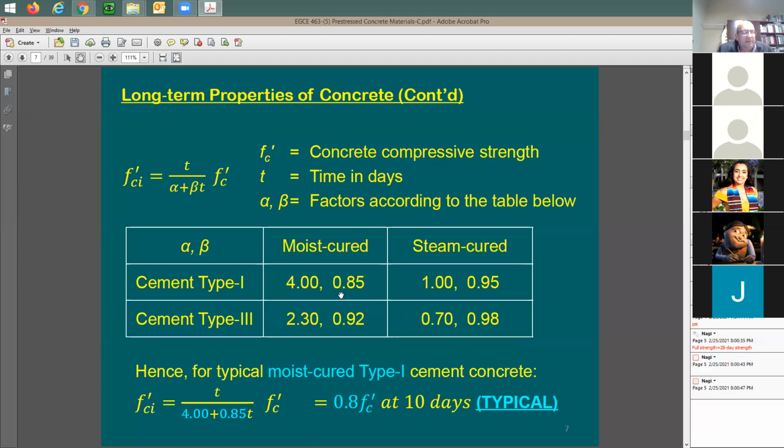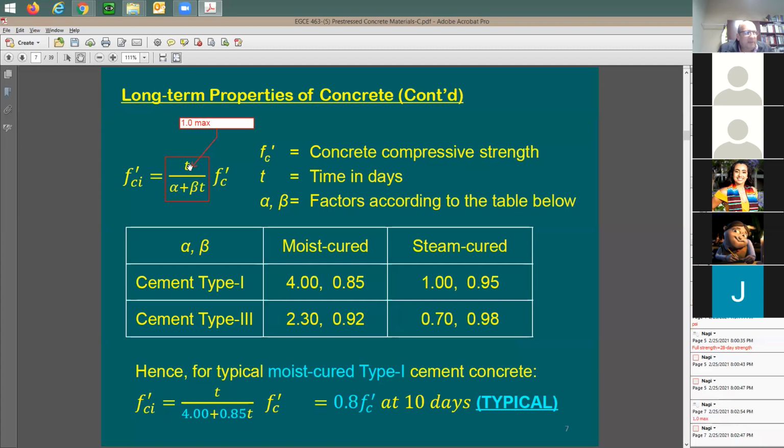These two values are going to be where? In the denominator here, right? Which means when these two values are large, what's going to happen to the final value? Don't forget that the maximum value for this component is 1.0 max, right? You cannot get concrete higher than the specified.